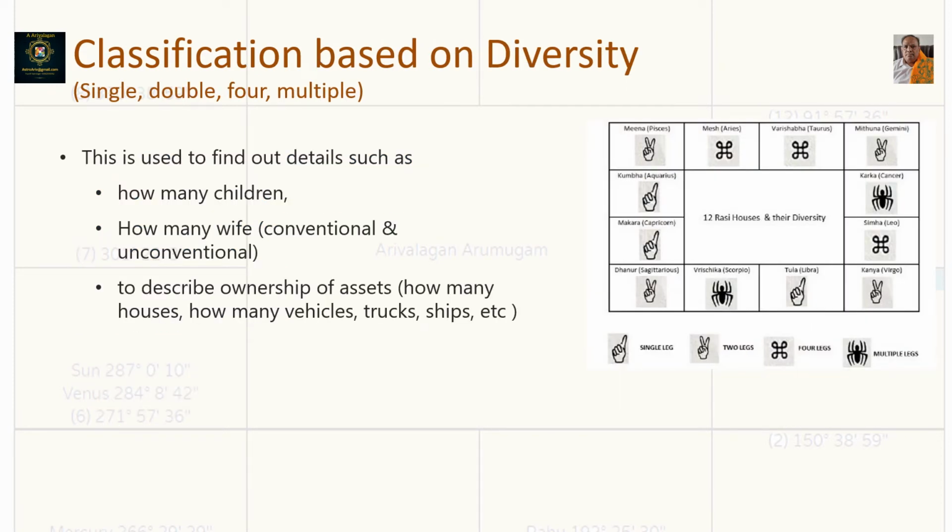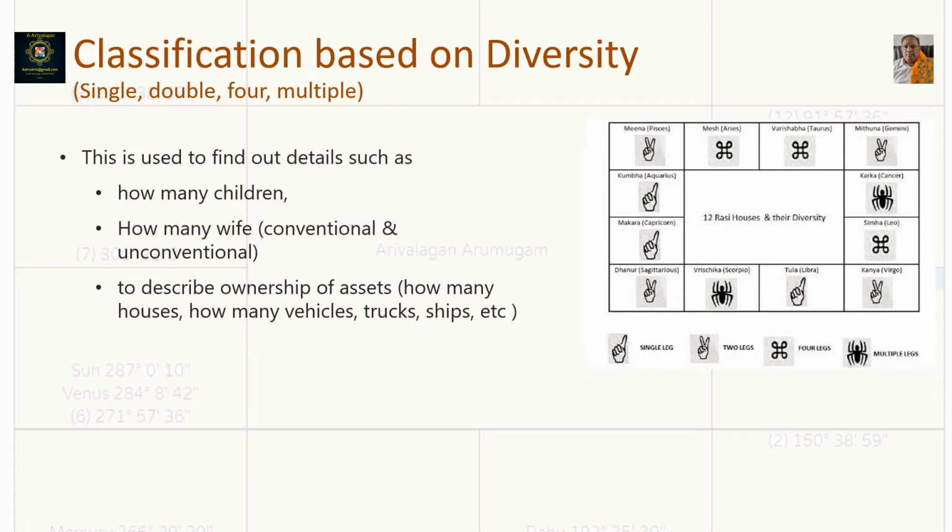Then classification based on diversity, that is single-legged Rasi, double-legged Rasi, four-legged Rasi, multiple-legged Rasi. These are used for finding details such as how many children will be born, how many wives one person will have, both conventional and unconventional, and the ownership of assets, whether I will have one house or two houses, one vehicle or two vehicles, two-wheeler or four-wheeler or multiple axle trucks, like that.